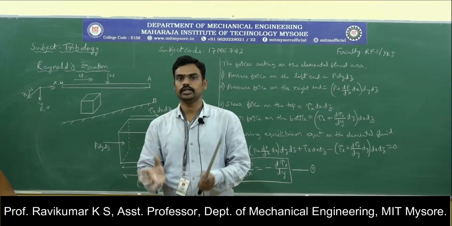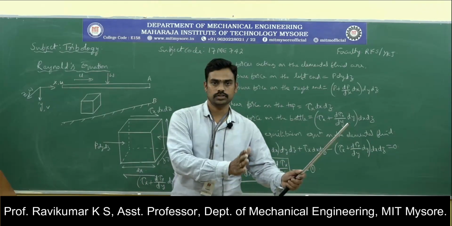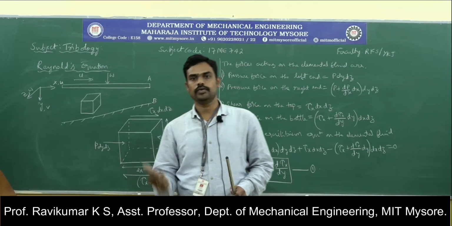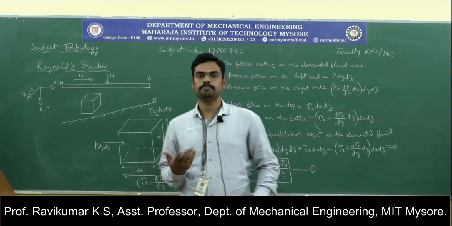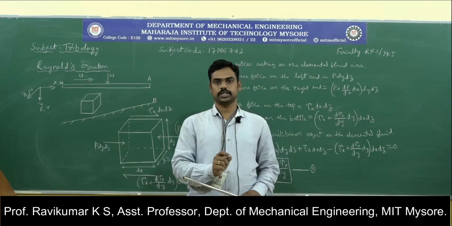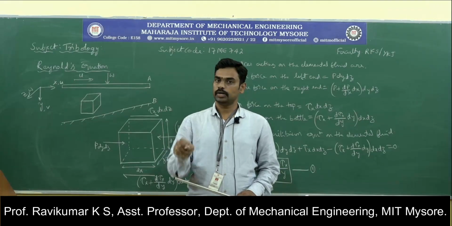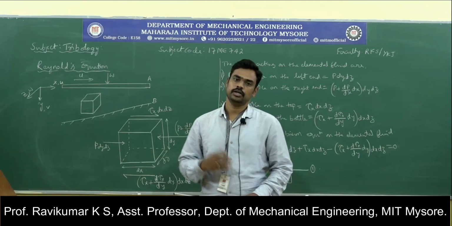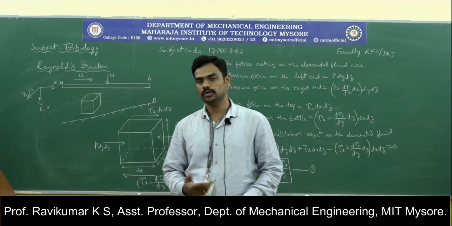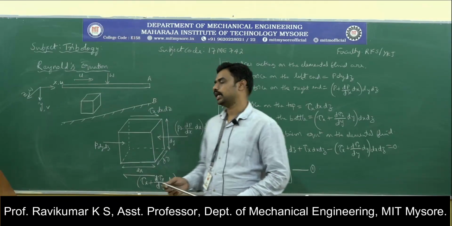So we need to convert that pressure into a force to apply in the equilibrium equation. So how to convert pressure to force? We know that pressure is nothing but force by area. So multiply area with the pressure, you get the force. So force is pressure into area. This we know from the basic understanding.